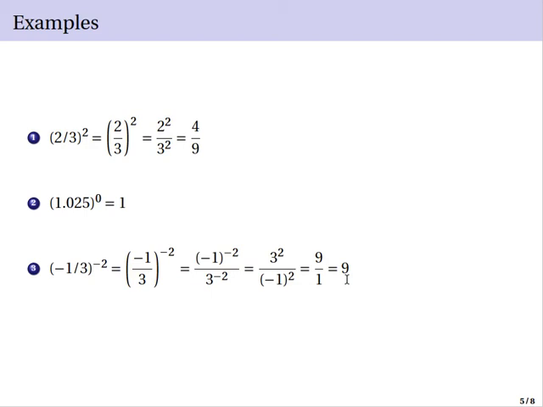Now, take note that what we did here is attach the negative to the 1. But this expression has 3 other forms. This negative can be written outside the 1 over 3, but still inside the bracket, or you can attach it to the 3 in the denominator.